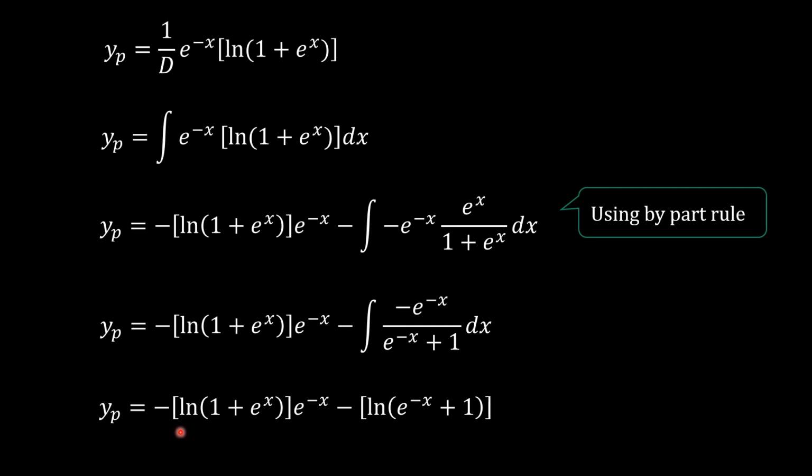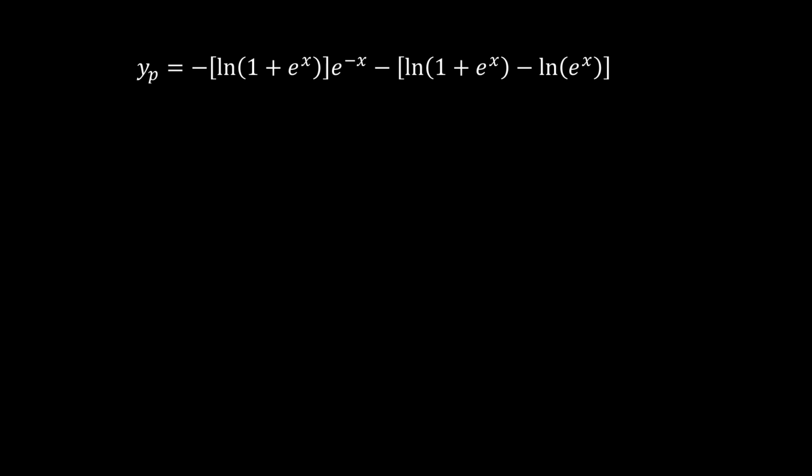the particular integral is equal to the first term as it is, minus, and its integration is ln of the denominator, which is e^(-x) + 1. Now we are going to simplify this term further. Here we express it as 1/e^x and simplify. Simplifying the last term, we get yp = -ln(1 + e^x) e^(-x) - ln(1 + e^x) - ln e^x.